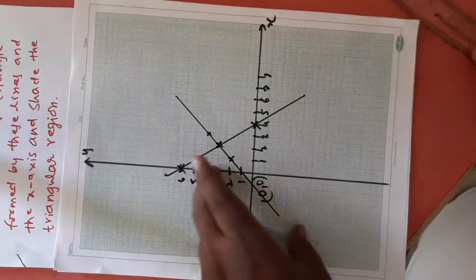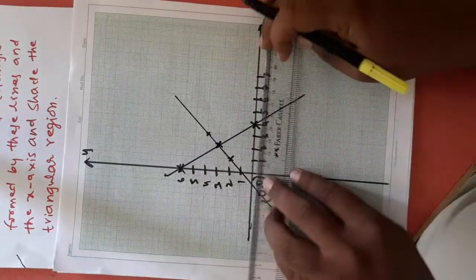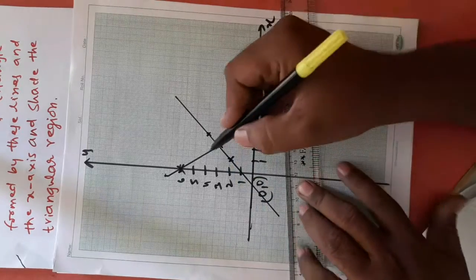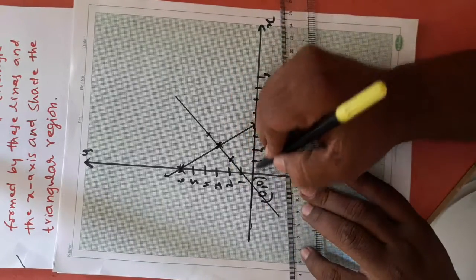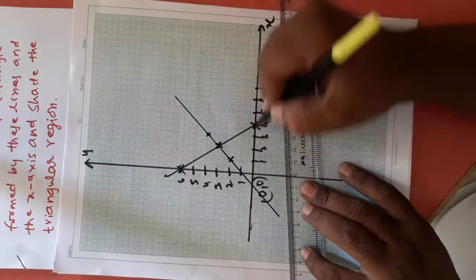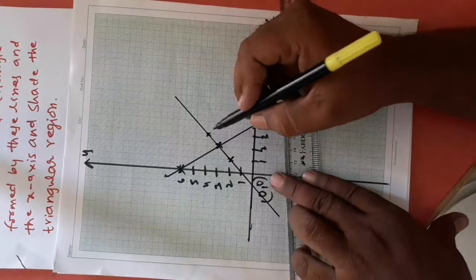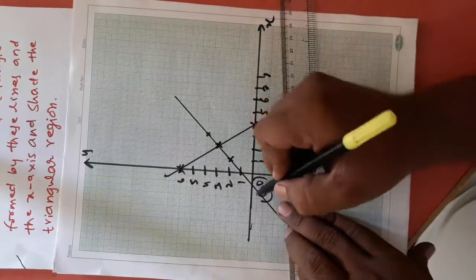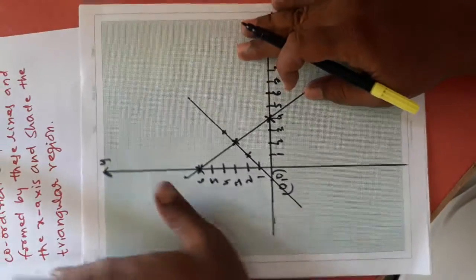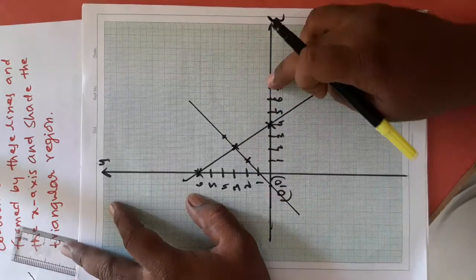See, these are the two lines, and this is x-axis. The triangle which is formed between these lines and x-axis, it is this. So what are the coordinates of that triangle?